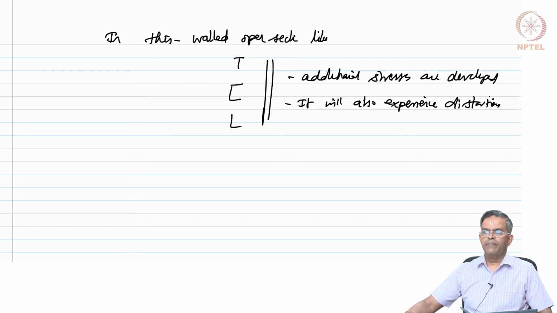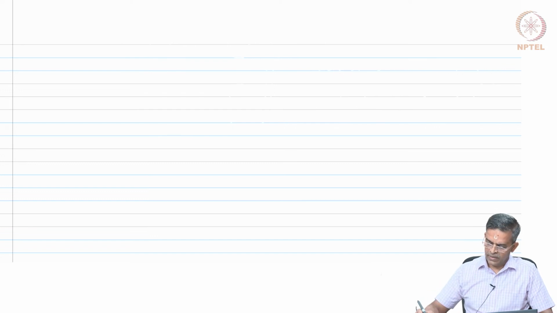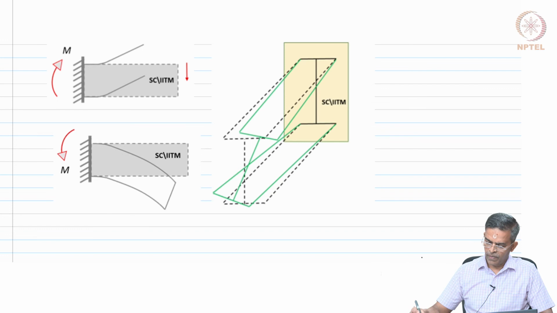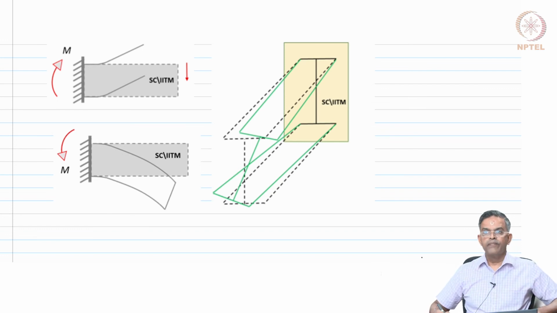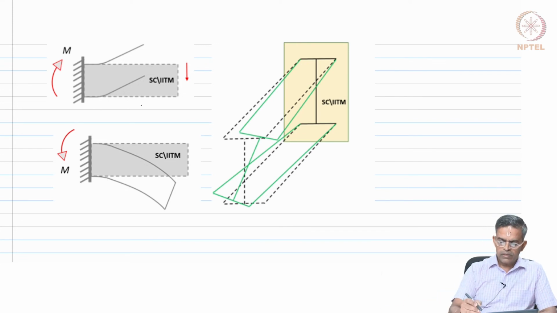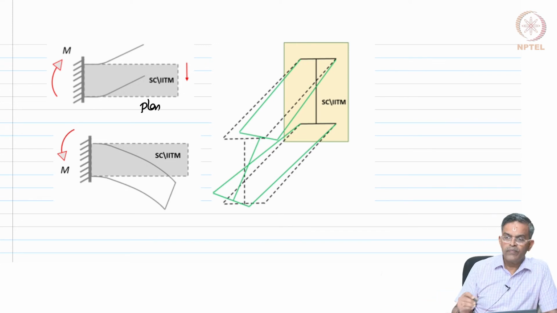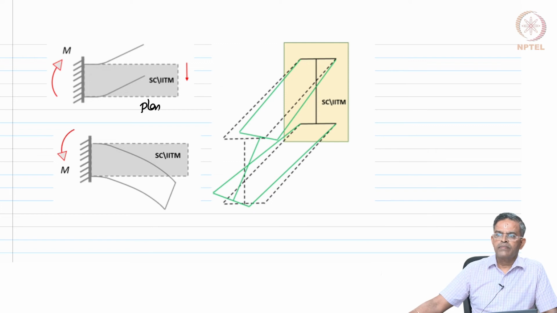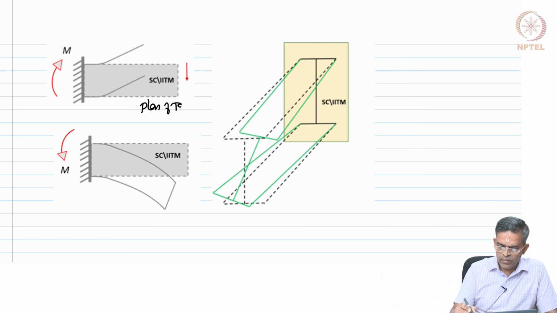Let us take for example an I section as shown in the figure. So, look at the I section as shown in the figure. So, this is my plan view, okay, of the top flange.